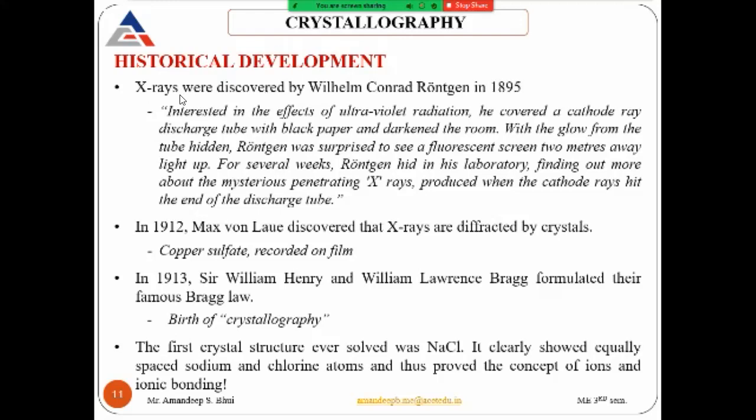He accidentally discovered X-rays when he passed rays through a crystal structure. Interested in the effects of ultraviolet radiation, he covered a cathode ray discharge tube with black paper and darkened the room. With the glow from the tube hidden, Röntgen was surprised to see the fluorescent screen 2 meters away. So he discovered X-rays.